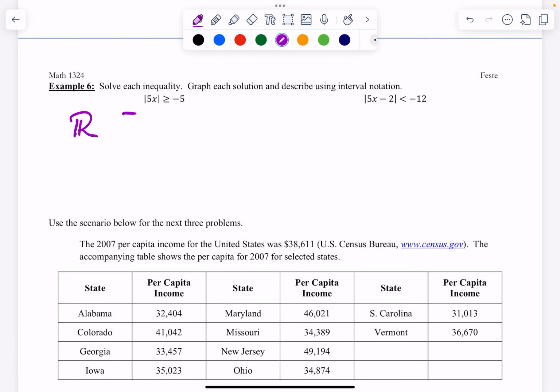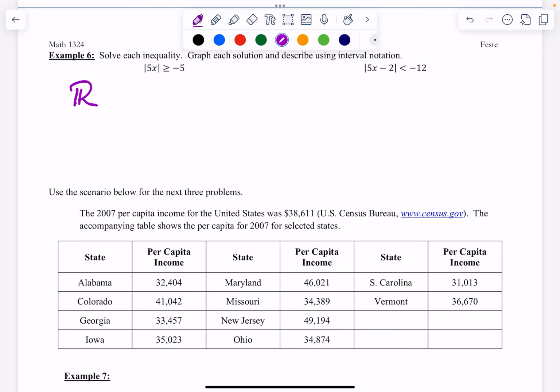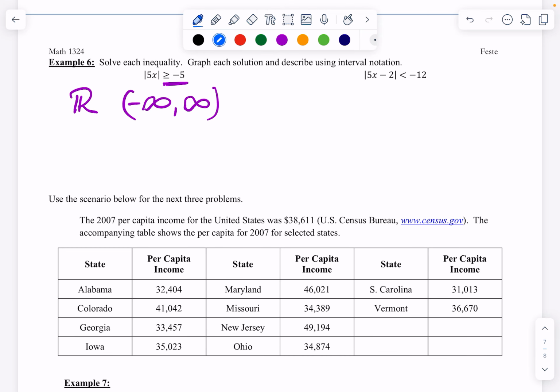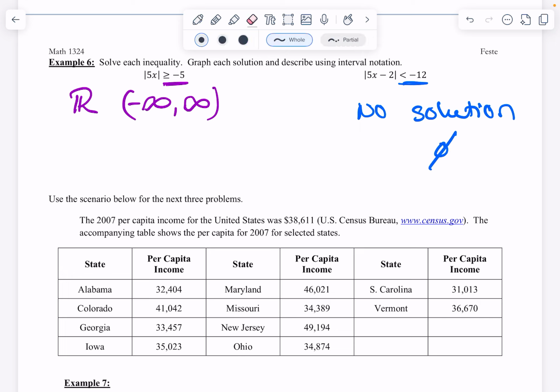So in interval notation, it's negative infinity to infinity. Anytime you've got this greater than or equal to a negative number. Now, this one is less than a negative number, so that means that it is no solution. An empty set.